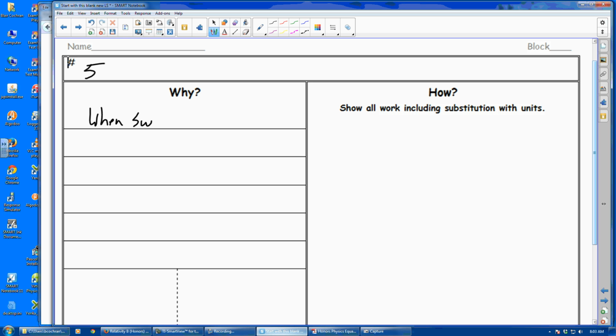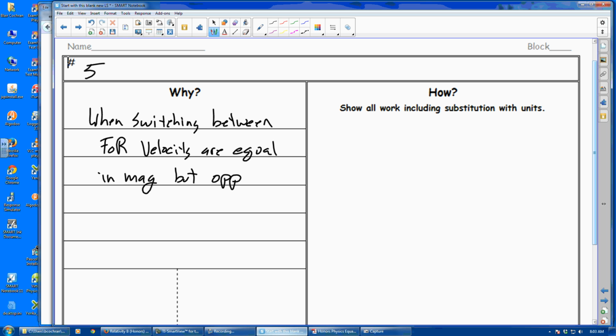When switching between frames of reference, velocities are equal in magnitude, but opposite in direction.